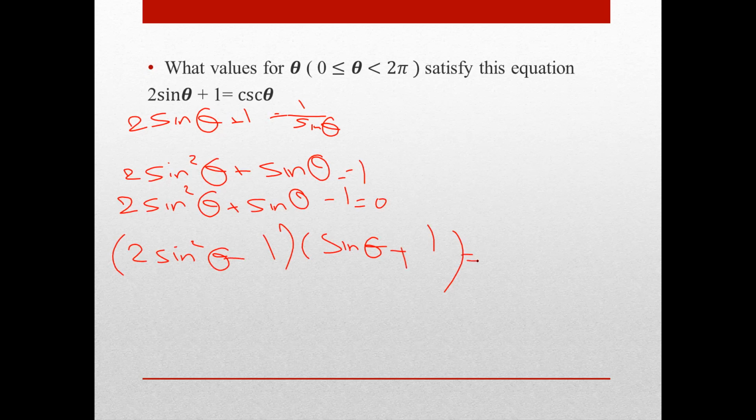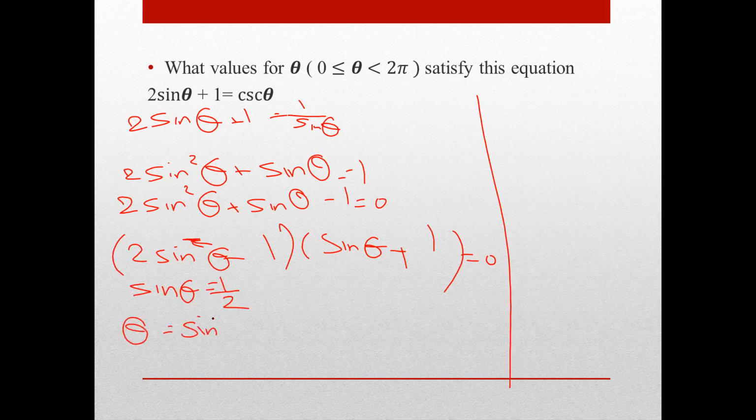Then equals 0. Which means sine theta plus 1 equals 0, and 2 sine theta minus 1 equals 0, so 2 sine theta equals 1, so sine theta is 1 over 2. So theta is sine inverse of 1 over 2, and we found from the unit circle it is angle 30 and 150.